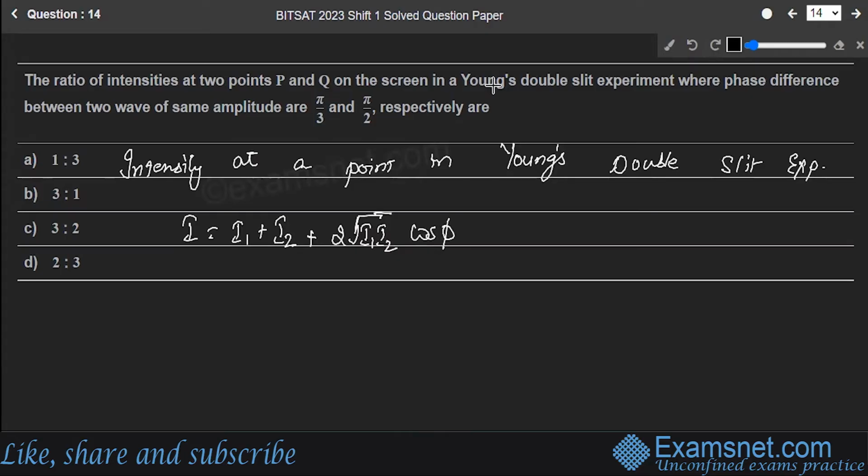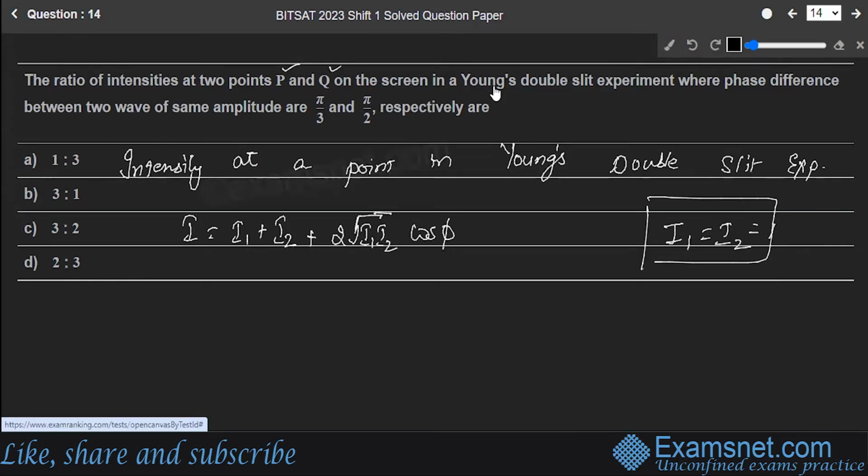Now in the given question, you have I1 is equal to I2. Let's say this is equal to some I0.